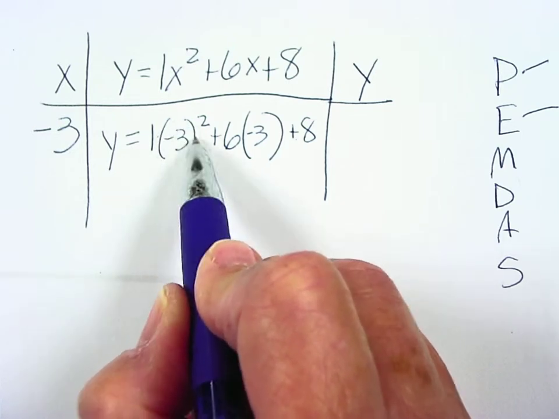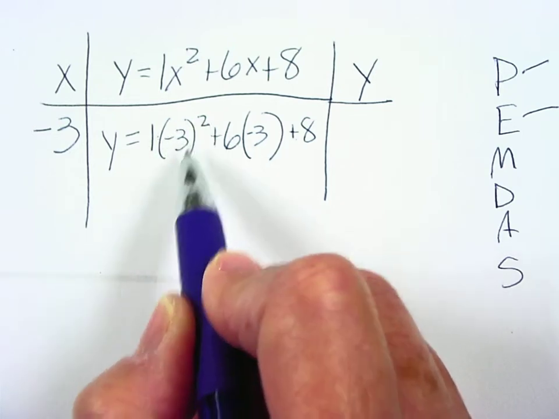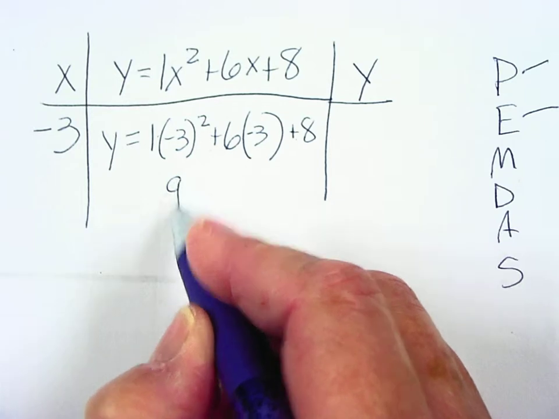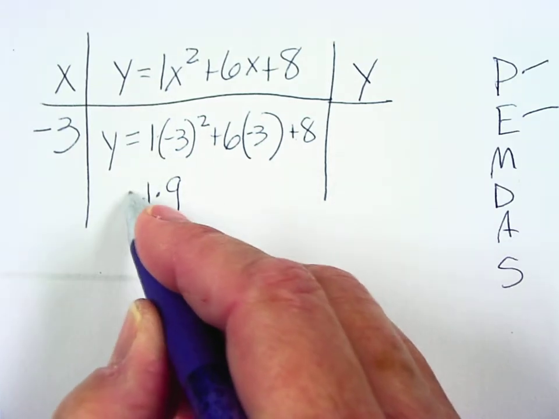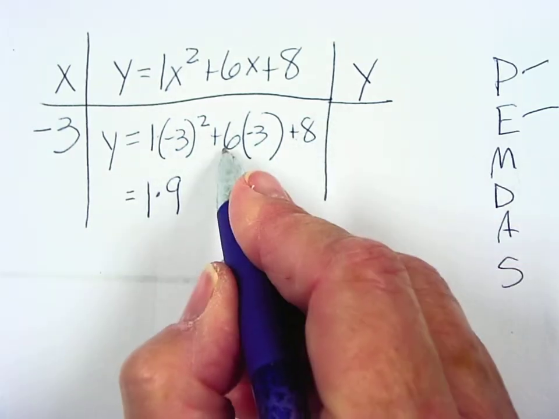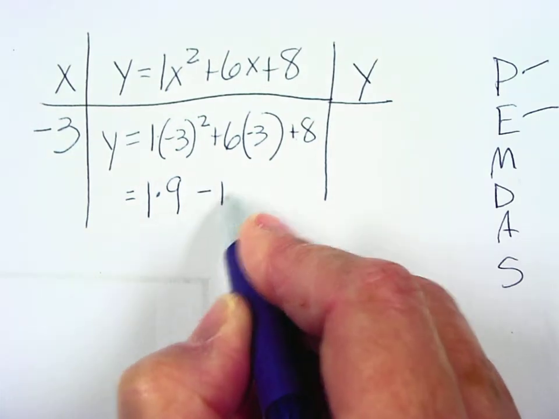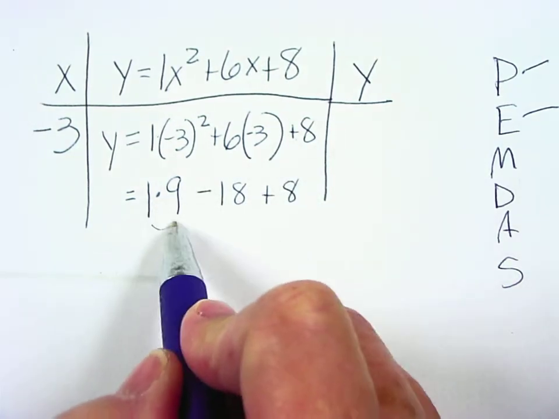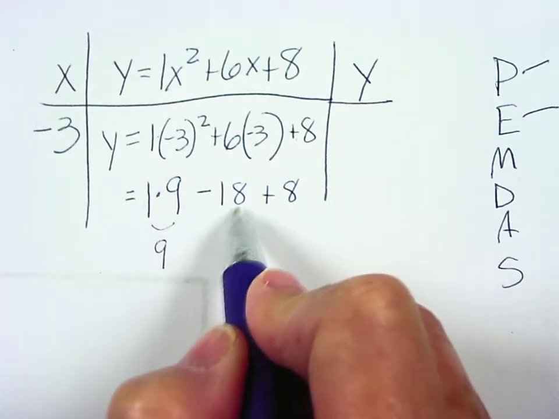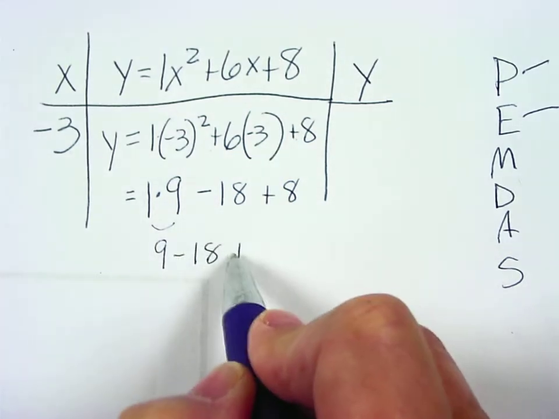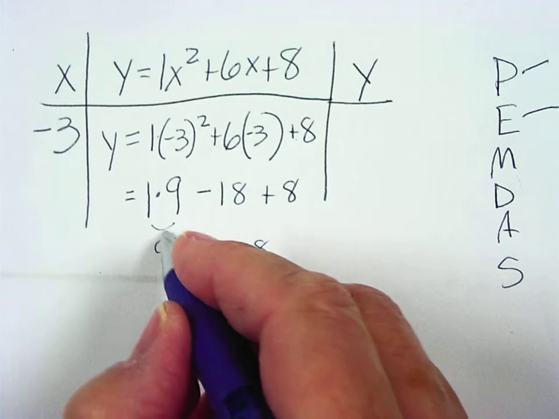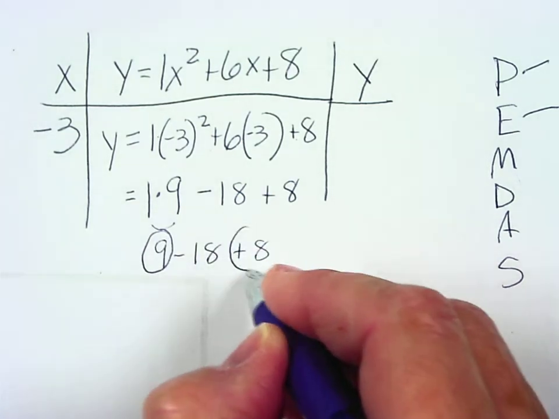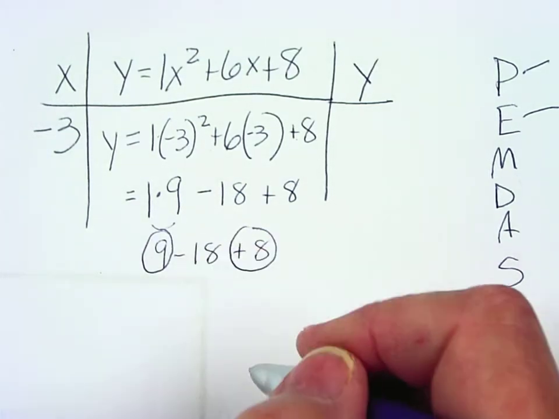That means negative 3 times negative 3, which is positive 9, and then I'm going to multiply that by 1, and then 6 times negative 3 is negative 18, and then bring down my positive 8. So this is 9 minus 18 plus 8. Let's see, I have 17 positives and 18 negatives.